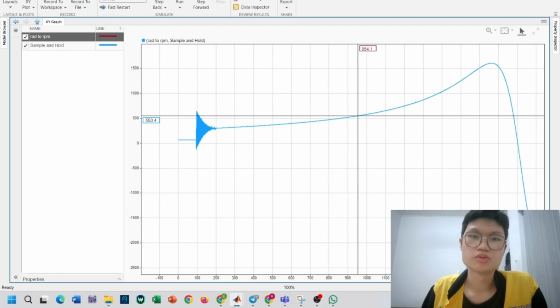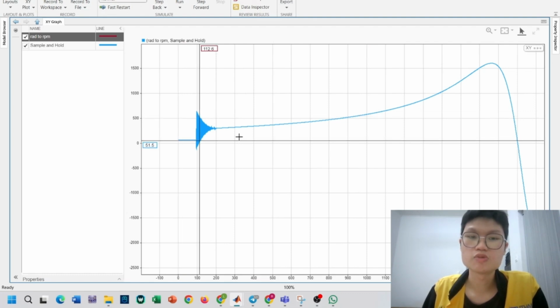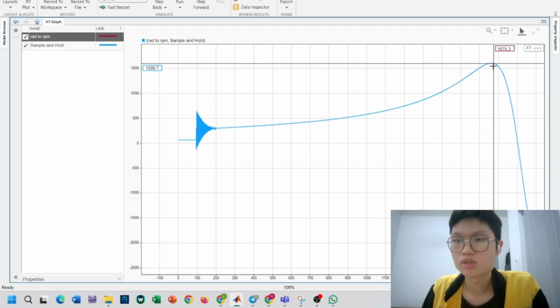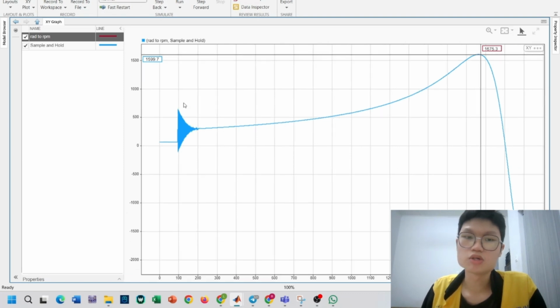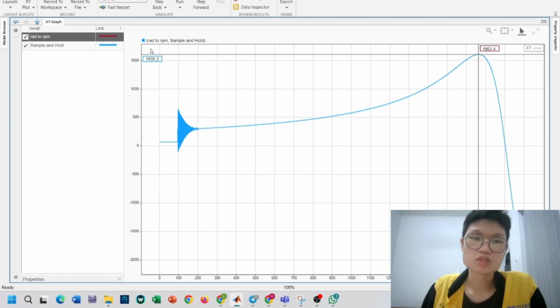So we have to use the add data cursors and then move it to the maximum torque of the graph. If our graph is not fit enough, we can autoscale, to make sure our graph fits so we can see the measurements with the data cursors. So we move to the maximum. The maximum is for the torque maximum. This is the speed.